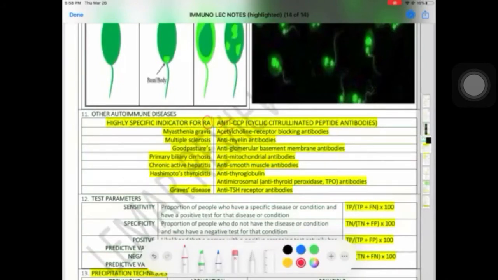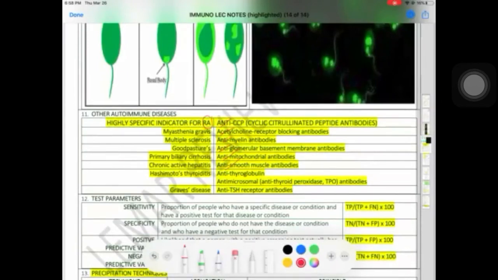Myasthenia gravis, antibodies to the acetylcholine receptor, presence of acetylcholine receptor blocking antibodies. Multiple sclerosis, dito po yung patient mo ay may anti-myelin antibodies. Goodpasture's, anti-glomerular basement membrane antibodies. Primary biliary cirrhosis, anti-mitochondrial antibodies. Chronic active hepatitis, anti-smooth muscle antibodies.